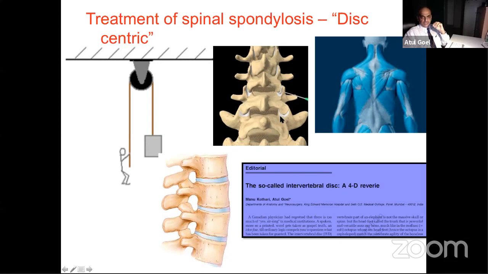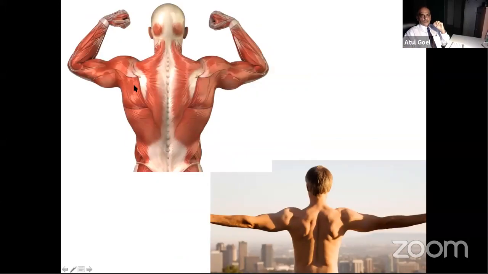And this is the key point of my discussion today, that the weakness of these muscles leads to problems in the facets, and the problem in the facets is the beginning of spinal degeneration. You see these huge muscles, all the muscles are behind and all the muscles are acting on the facets.